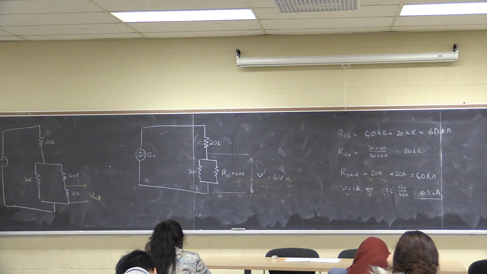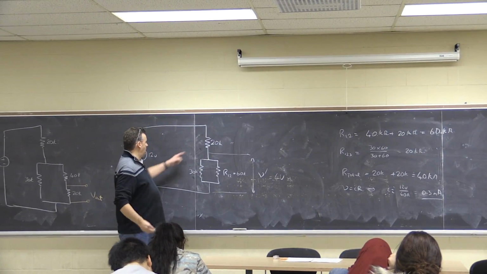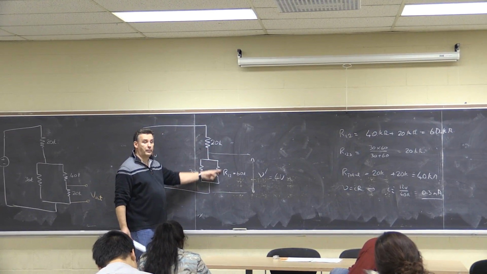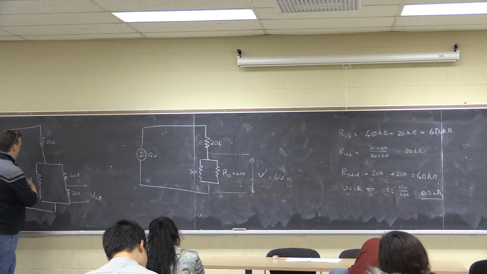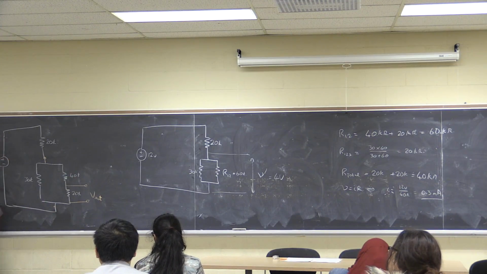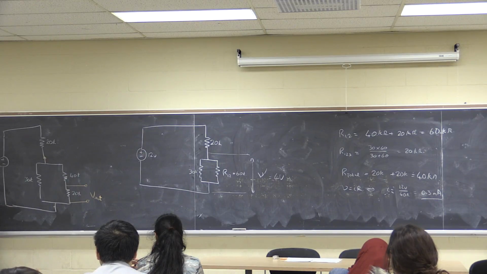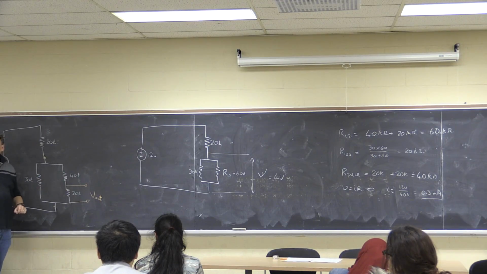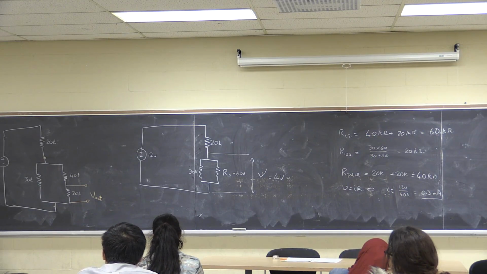But if I work back through that circuit, I can apply the voltage division logic that this is 20 ohms, this parallel combination is 20 ohms, so I know this is 6 volts and 6 volts. So I know between this point and this point, I've got 6 volts. So I'm applying 6 volts to a series combination of 40 and 20K. So I can use the voltage division rule that I came up with a few moments ago.